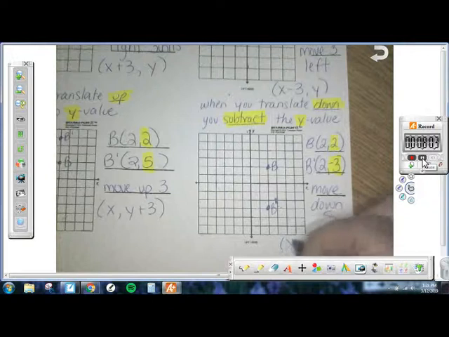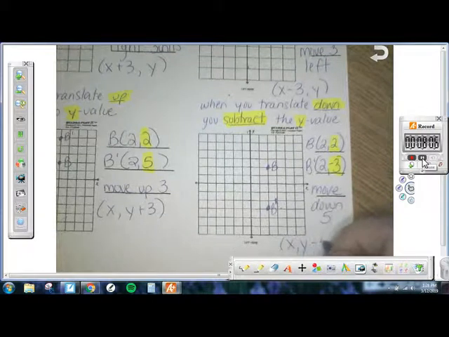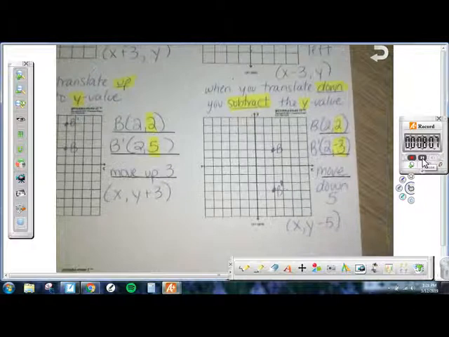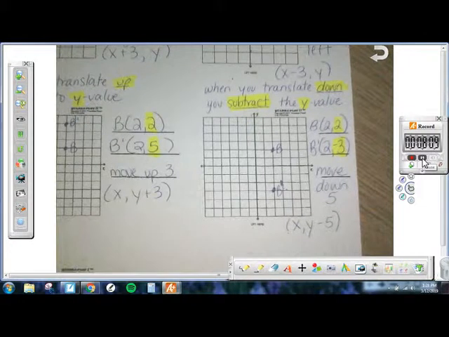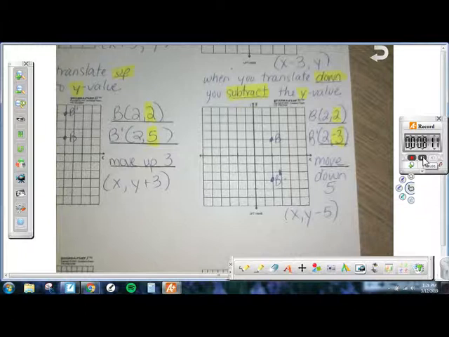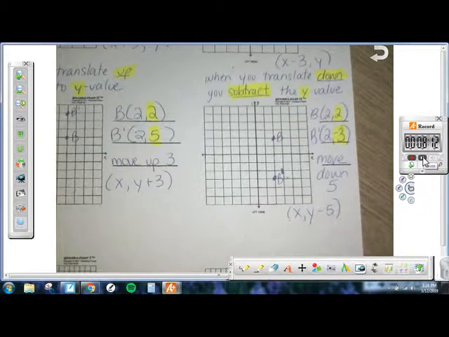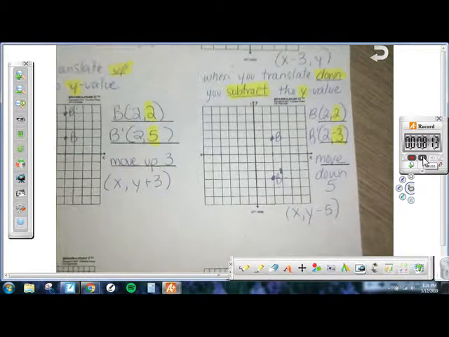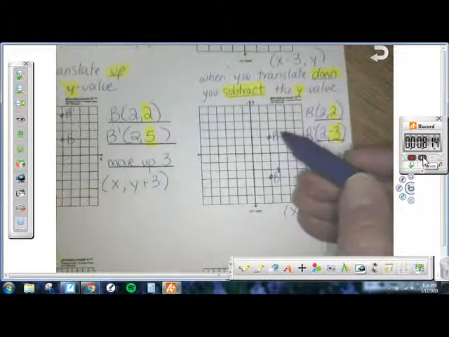I'm going to do the same thing with E. I'm going to move over 3, and up 8, and I'm going to record it here at E prime. That is negative 1, 0. Because from the original I moved over 3 and then up 8.